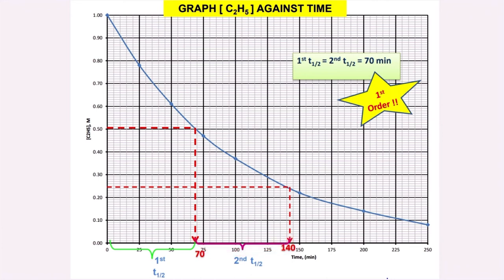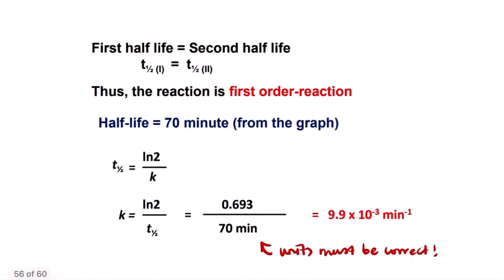So as you can see, it is 70 and 140. That means that the first half-life is 70 minutes, the second half-life also 70 minutes. So that means the first half-life and second half-life are equal, so it is constant. So from your knowledge that you gained just now, you know that this is a first order reaction, okay? Alright?